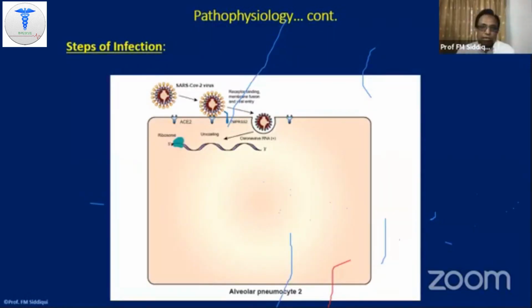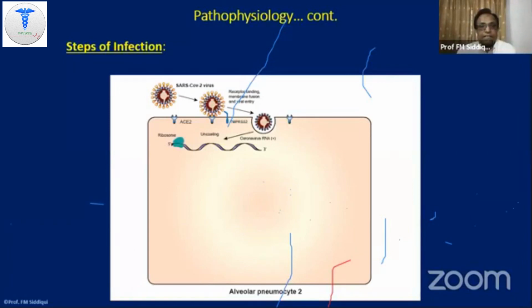In the alveoli, there are two types of epithelial cells, known as type 1 and type 2 epithelial cells. Type 1 cells are involved with gas exchange, and type 2 cells are involved with a very important function, the secretion of surfactant, which maintains alveolar elasticity and prevents it from collapsing.